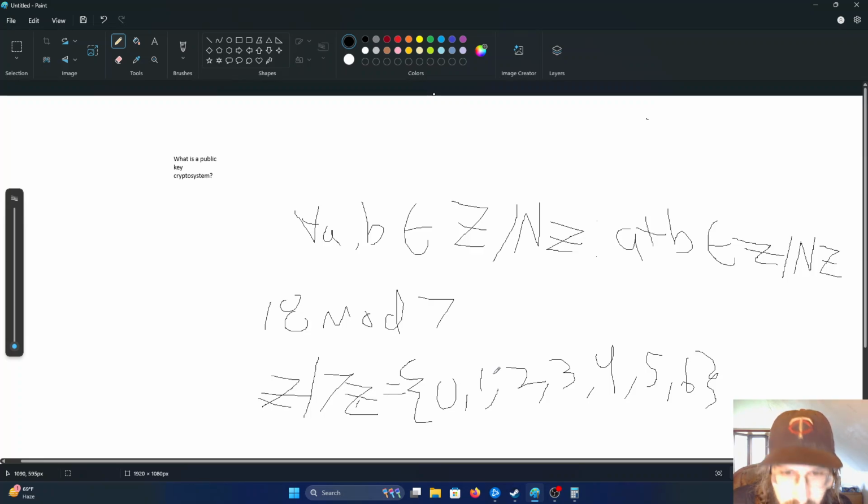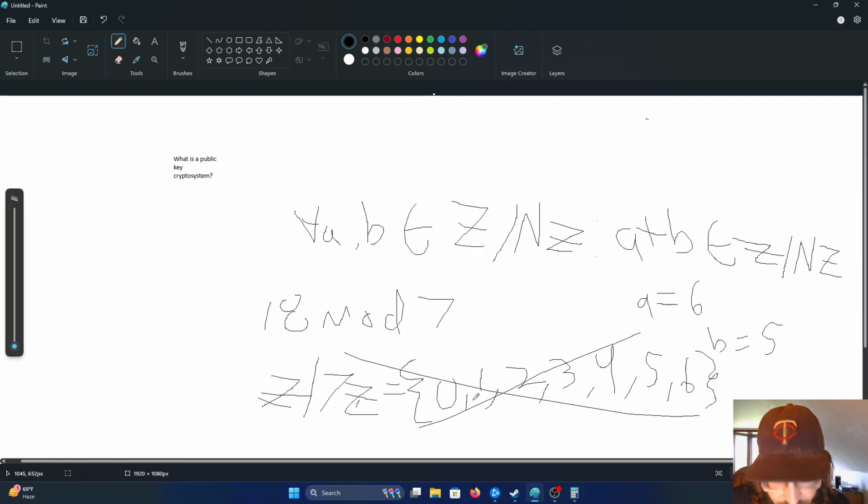We have for all a and b, but I'm a little confused here, because what if we took a equal to 6 and b equal to 5? Well, 6 plus 5 is 11, and 11 is not in this set, right? So I really don't understand this first property of groups.